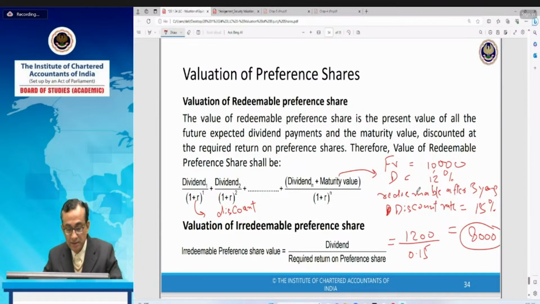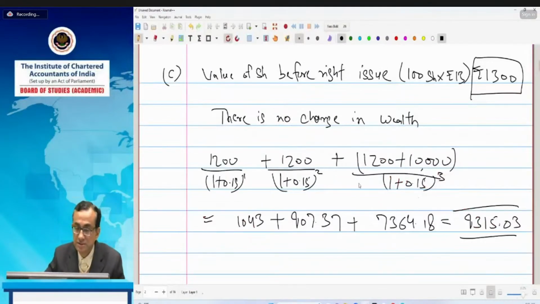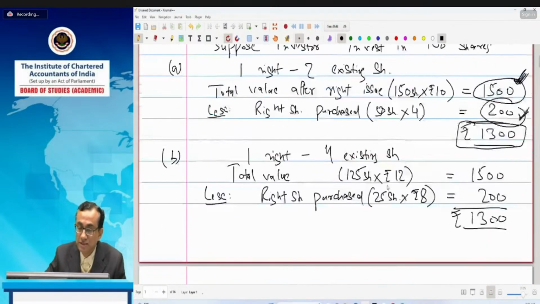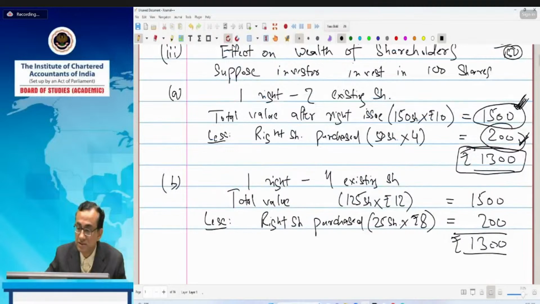See, in this question, I will just urge you to solve this question again at your home. This wealth can be calculated from this value itself. See, this total value, 150 into 10, 1500 in the first situation. In the first situation, one right share was issued for two existing equity shares.